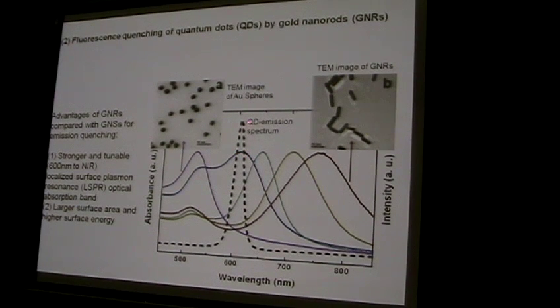For example, if our quantum dots inside our chemical lab have a fluorescent spectrum with a peak around 600 nanometers, we have to synthesize our gold nanorods so that their absorption peak will be around 600. So they will have the maximum overlap integral and that will cause the maximum quenching effect.